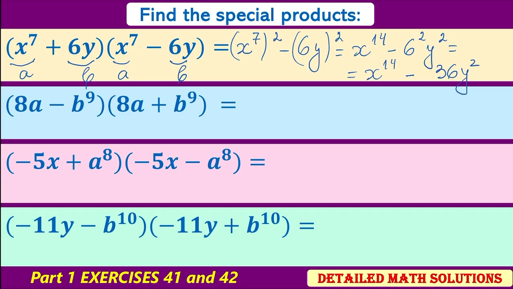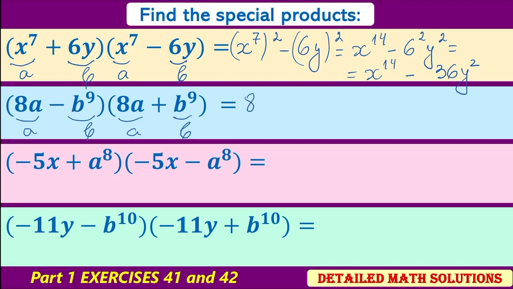Next exercise. Find the special product 8a minus b to the 9th power in parentheses multiplied by 8a plus b to the 9th power. For this exercise, 8a will correspond to the a in the formula, and b to the 9th power will correspond to the b in the formula.